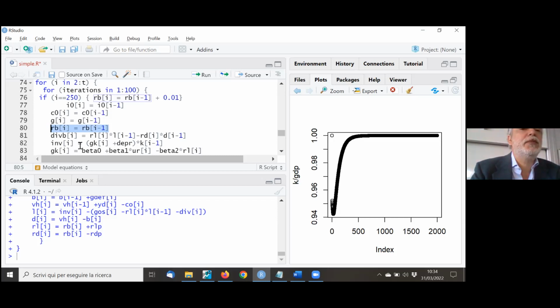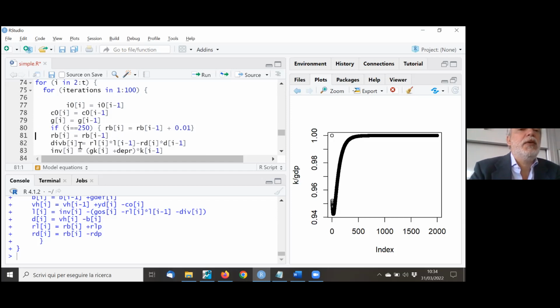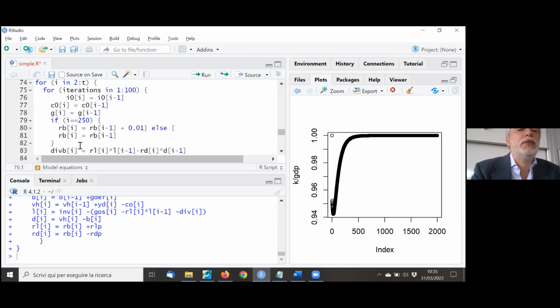You have to replace the whole line, taking the current RB expression down there. But this has to be valid if I is not 250, and then there would be your else, which comes after the curly brackets. Else, open curly braces, and then the other piece of RB. But there are other ways also to do this. This is one, so this is how we can do that.